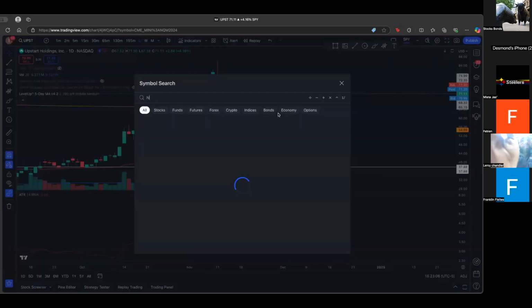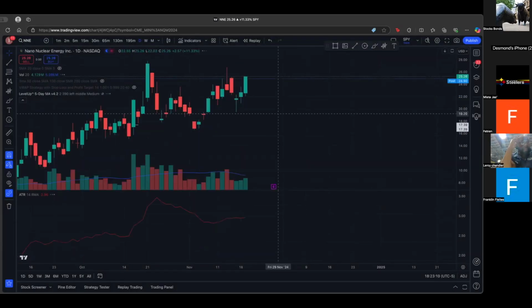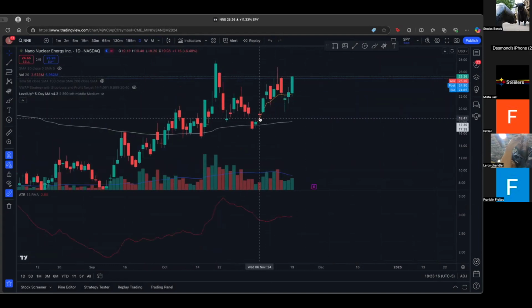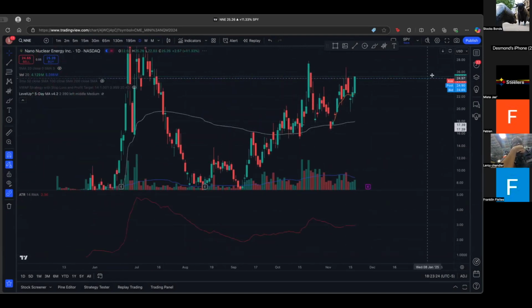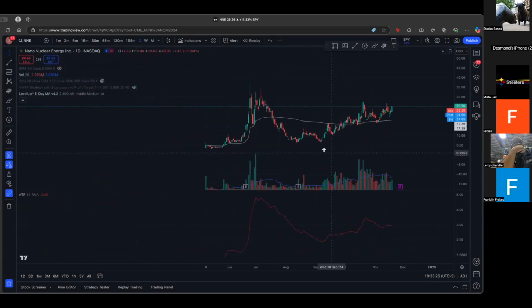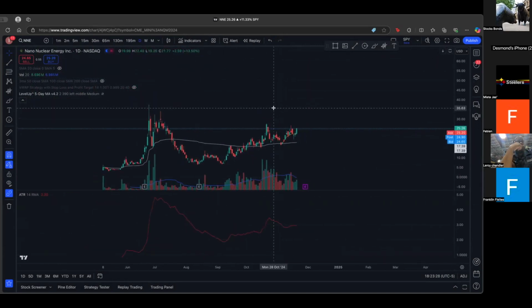And the most volatile name which we traded is NNE, the ticker symbol NNE. This is a $25 stock. When we traded this, the ATR on this one was somewhere around, where did we take this trade? Right here. Yep. The ATR on this name was in the ballpark of 4 points.